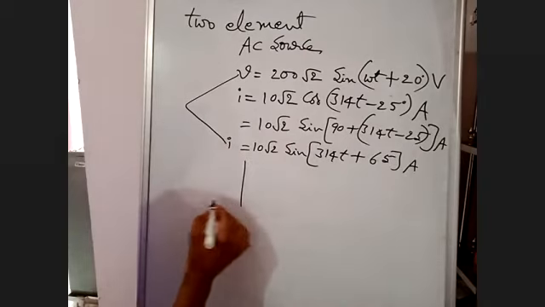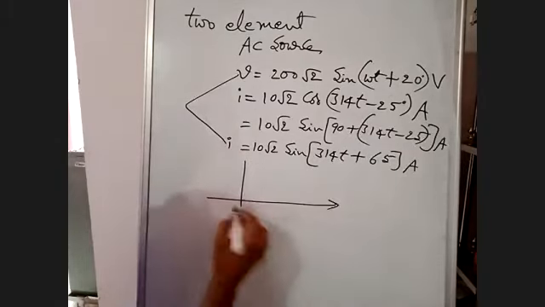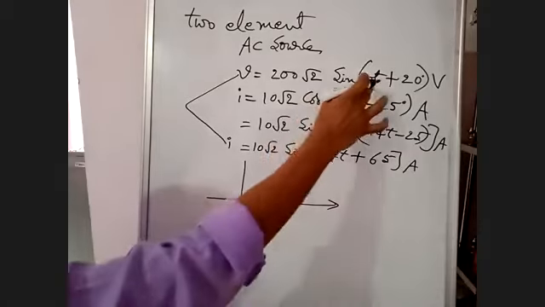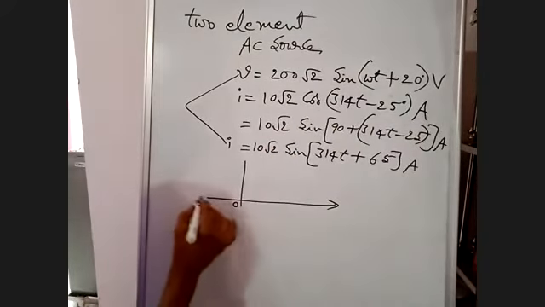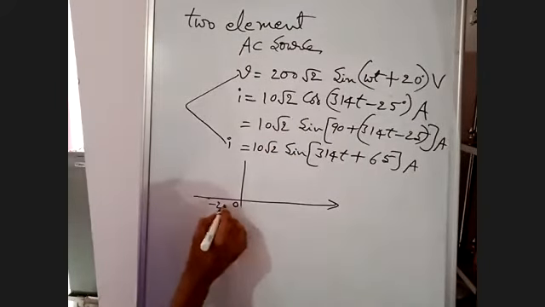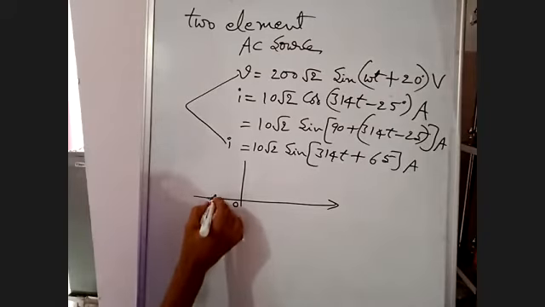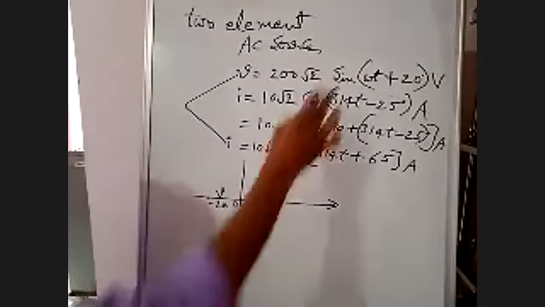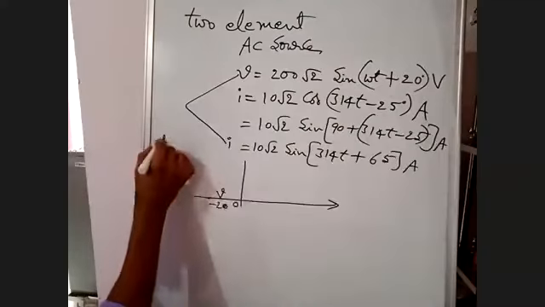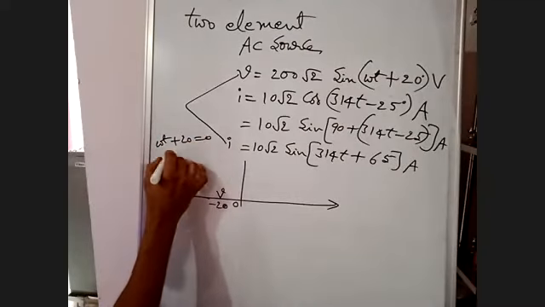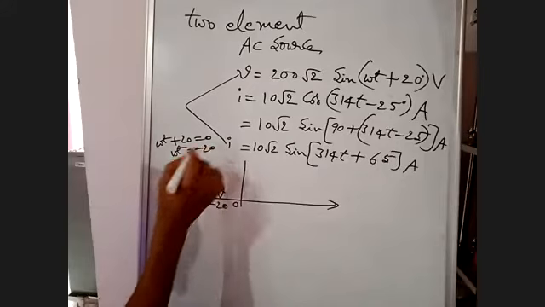Now draw the graph. What is omega t for sine? For voltage, omega t plus 20 is equal to 0, so omega t is minus 20.